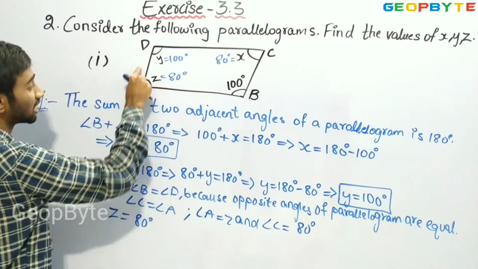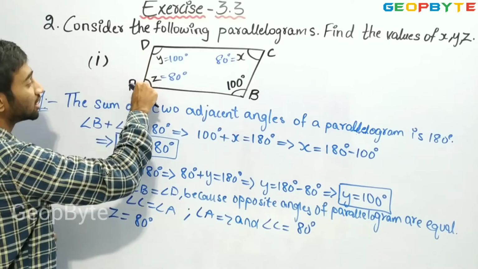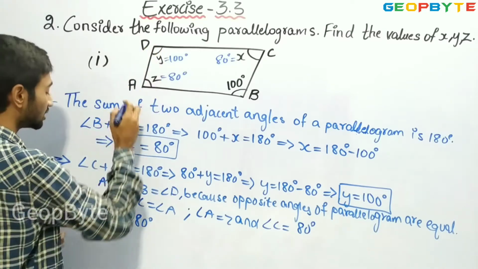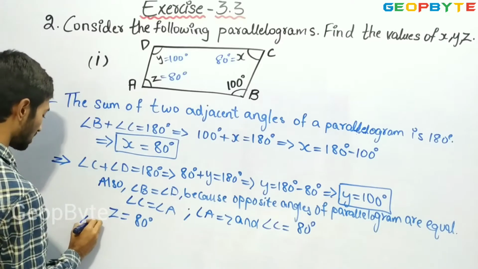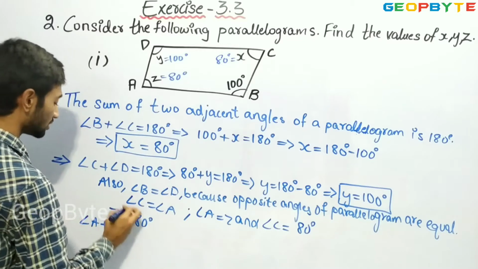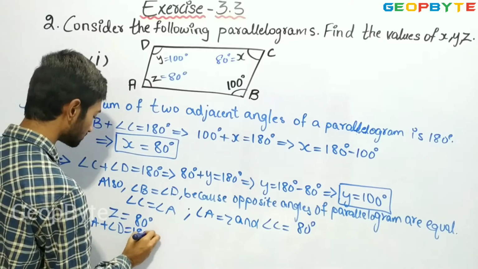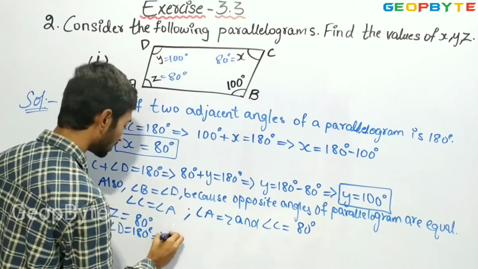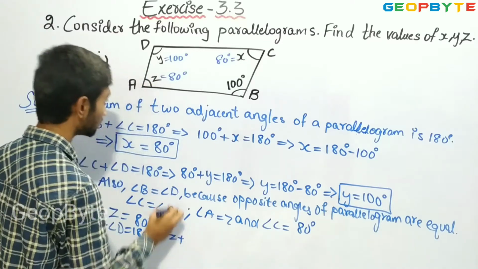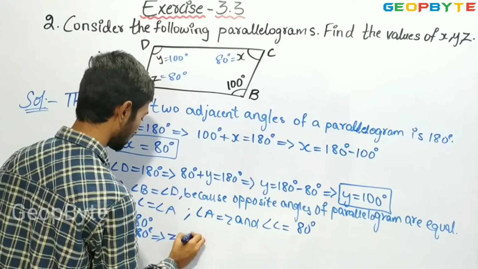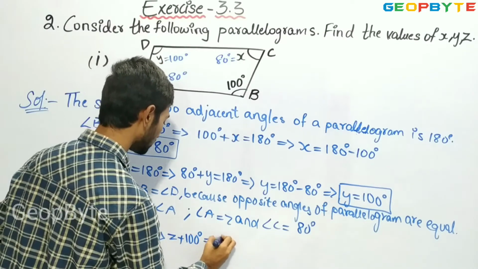So here also we can find: angle A and angle D are two adjacent angles. So if we add angle A plus angle D, it is equal to 180 degrees. That implies angle A, which is z, plus angle D, which is y, equal to 100 degrees, equals 180 degrees.